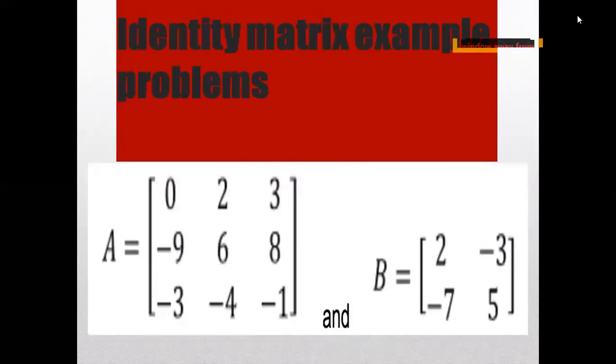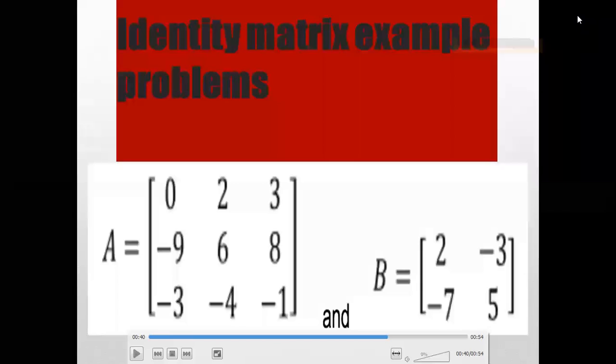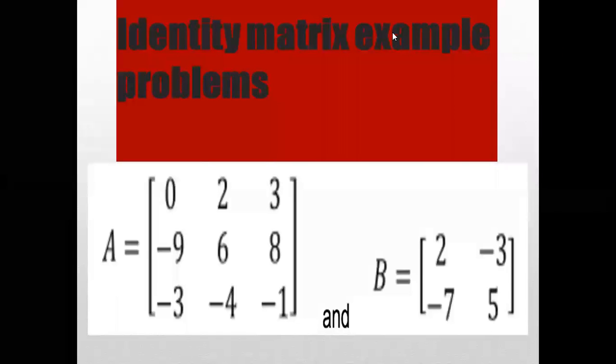Identity matrix example problems. We have 2 matrices here: 0, 2, 3, minus 9, 6, 8, then minus 3, minus 4, minus 1.